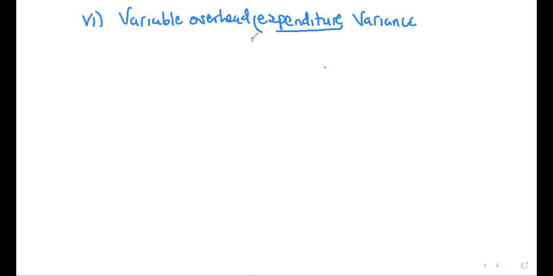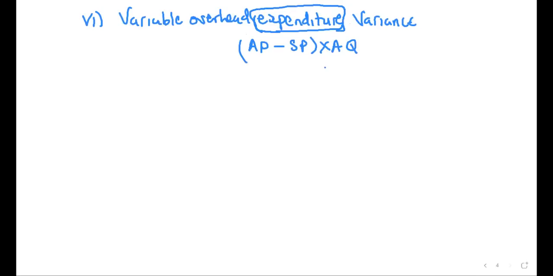So it's going to be actual price of the expenditure minus the standard, times actual quantity, because it's an expenditure variance, which means it's all about the actual price.